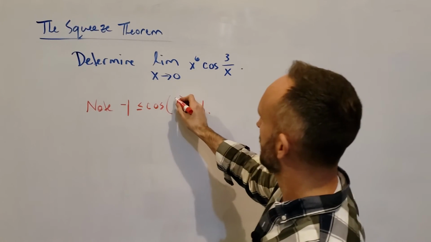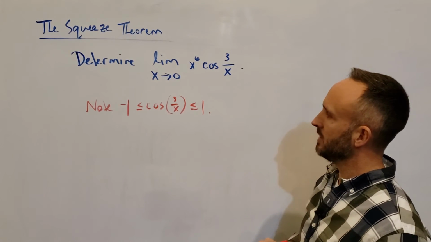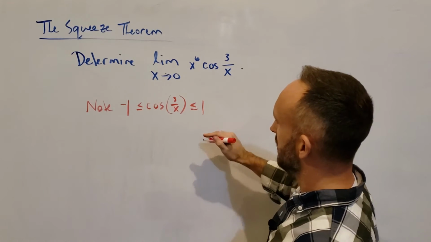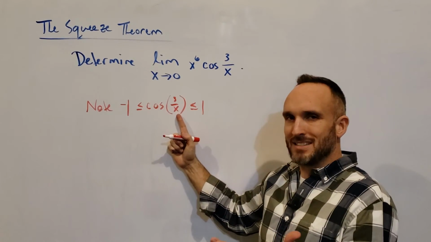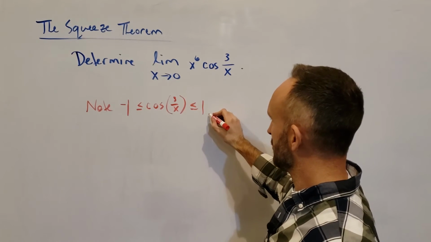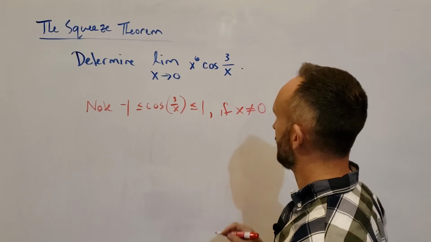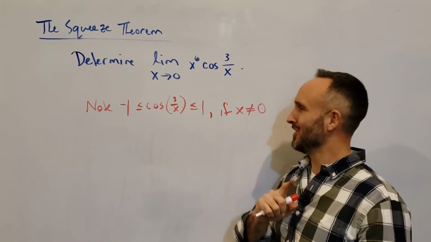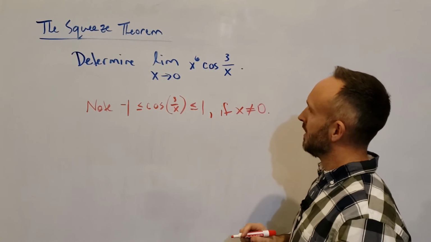So in this case, the cosine of 3 over x is between -1 and +1 for all values of x. Now that's almost true. x can't be 0 because we can't divide by 0, so we know that this is true if x does not equal 0. But it is true if x is near 0, okay, if it's close. So that's a key there. So if it's close, it's true.